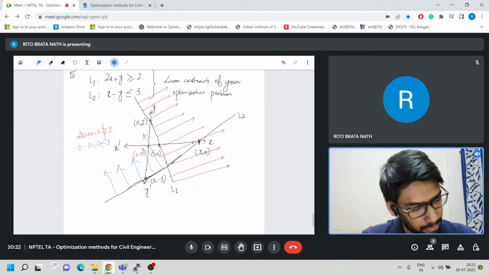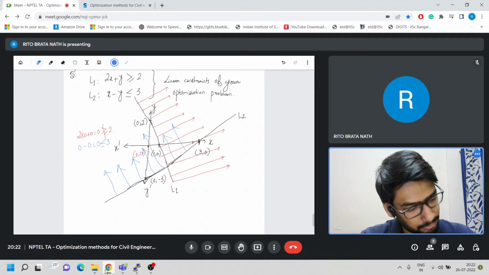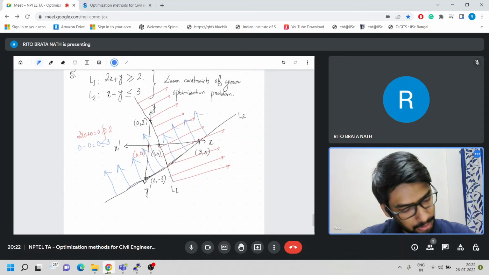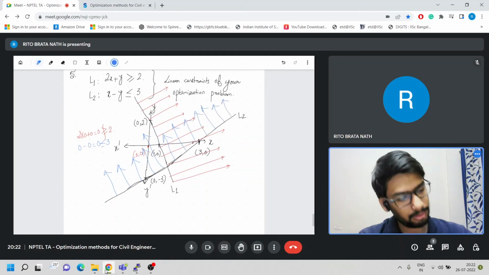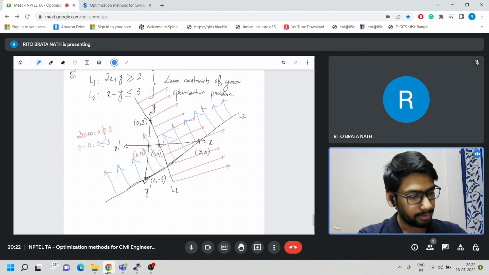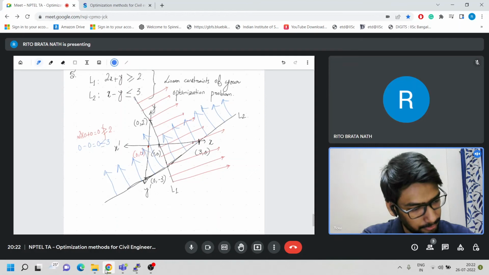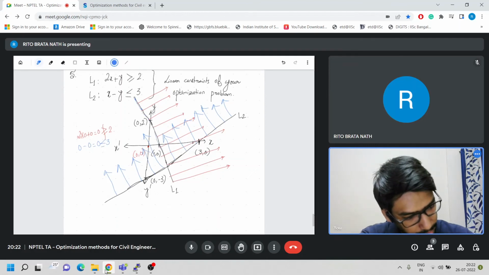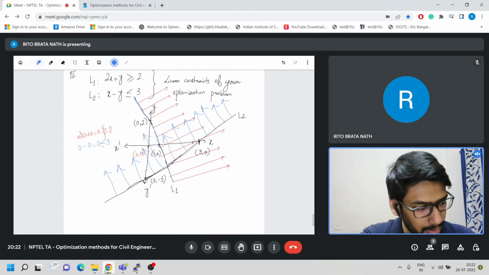Yeah, so it will be again something like this. So if you notice it carefully, then this blue and this red markers, whenever they overlap, that's your feasible region. So your feasible region will be something like bounded by this part and this part.